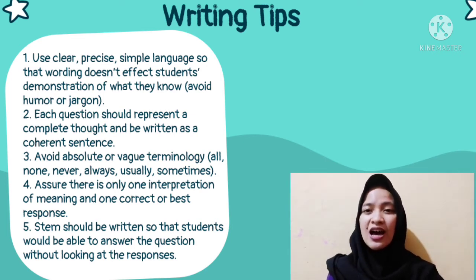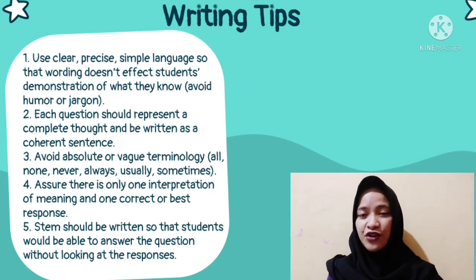The third is to avoid absolute or vague terminology such as all, none, never, always, usually, sometimes, and many more. The fourth is to assure that there is only one interpretation of meaning and one correct or best response.